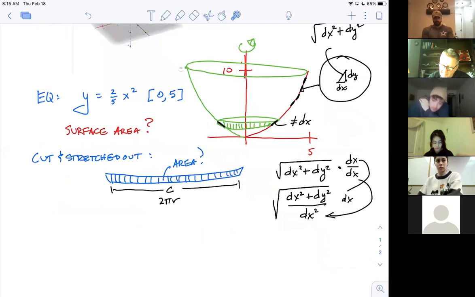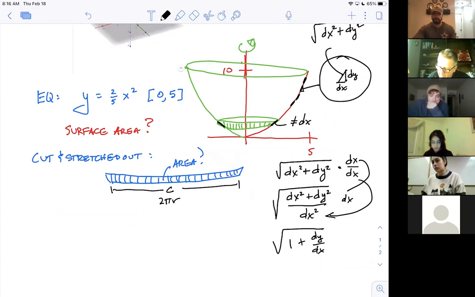If I take dx squared divided by dx squared, I get 1. And dy squared divided by dx squared, I can square them beforehand, or I can take dy divided by dx and square it afterwards. That's what we decided yesterday. Let's take dy divided by dx, and then square it afterwards. And then there's that little dx outside.